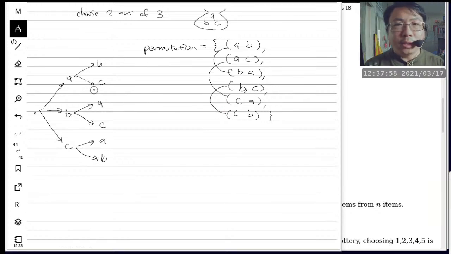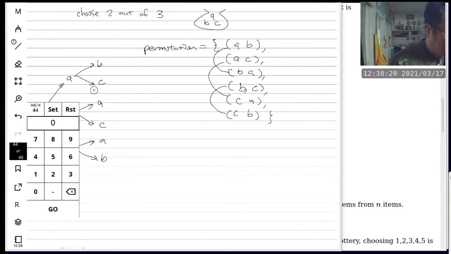So now we pair those things up and we say each pair is considered the same. So that means if we want to look at how many ways we can choose something where ordering is not important, there are exactly three ways, which is 6 divided by 2. Where is that 2 coming from? The 2 is coming from here.